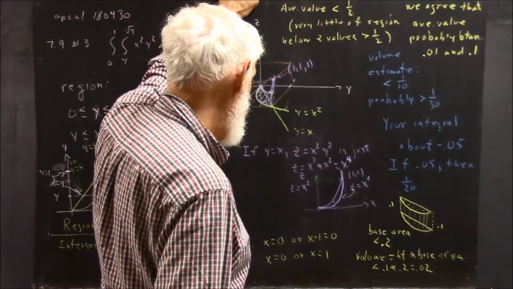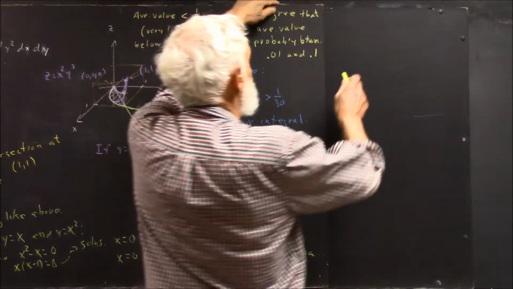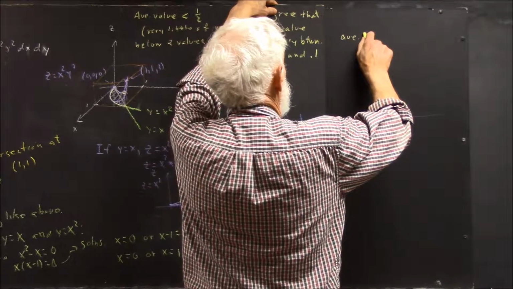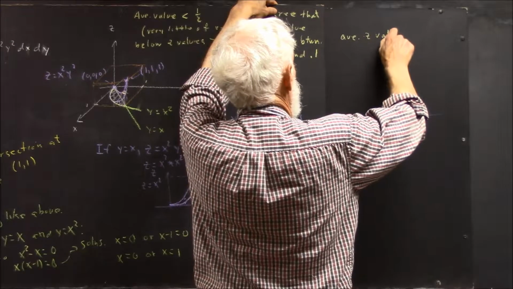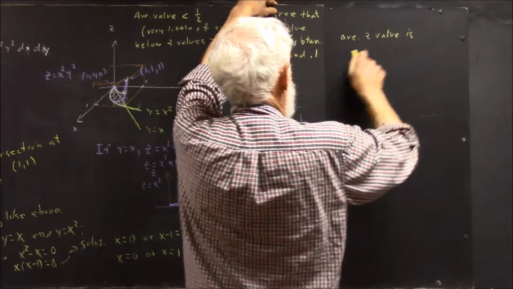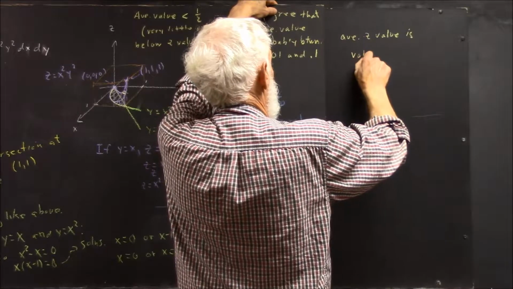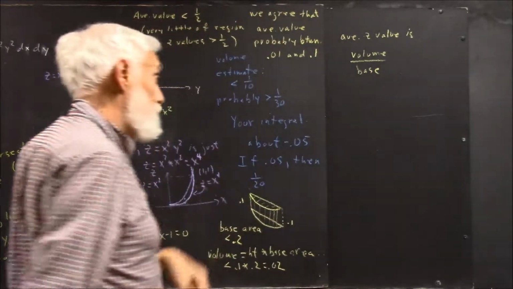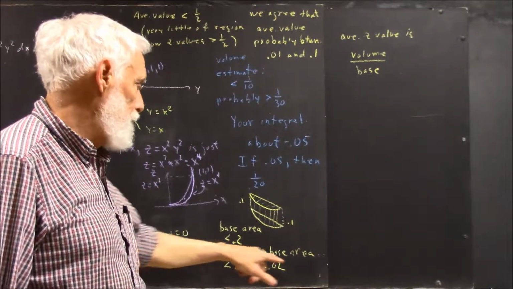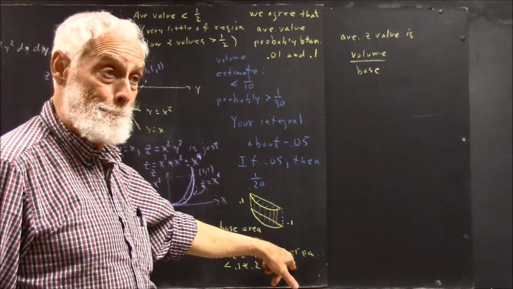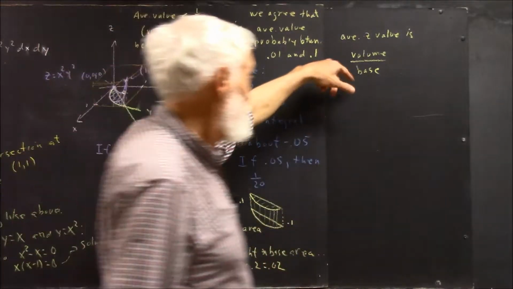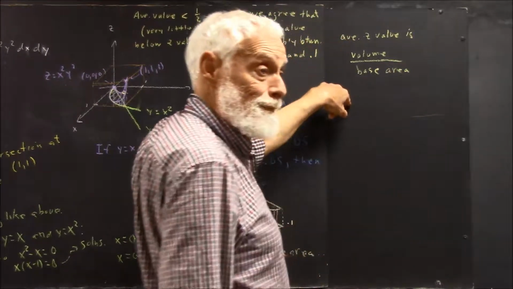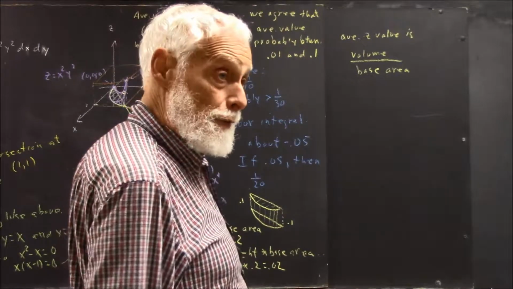So I can say then that the average z value is the volume divided by the base. If you understand that the volume is the height times the area of the base, then this makes sense. Whether it makes sense or not, that's the definition of the average value.